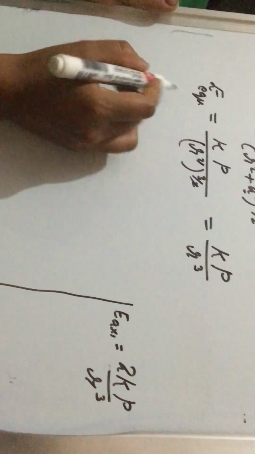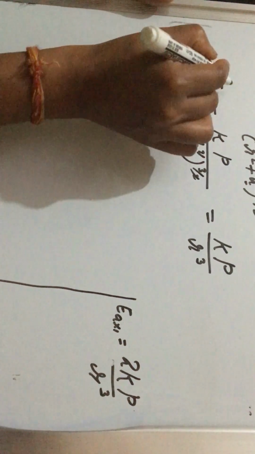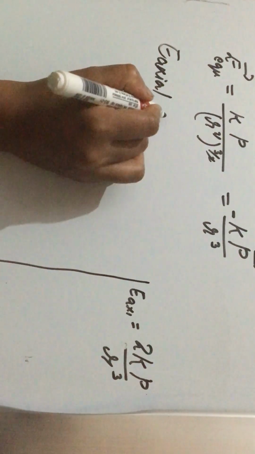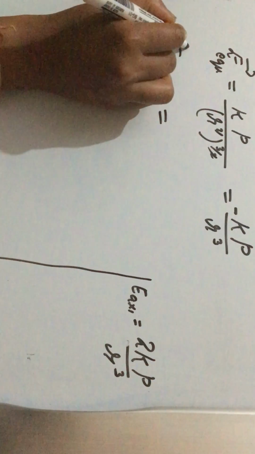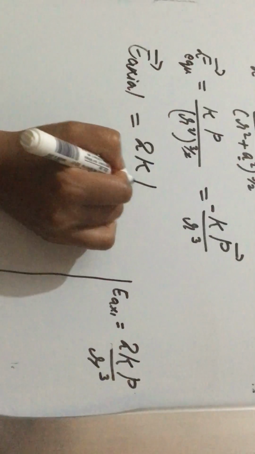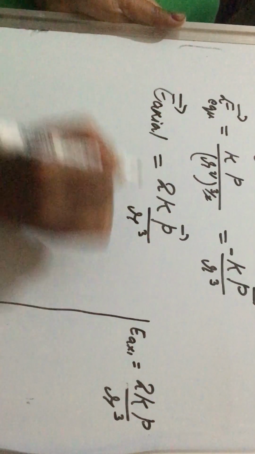Let me write the same thing again here. In terms of vector, I can make this one. Here is minus, right? If we choose the axial line, in terms of vector, this will be 2k p by r cube.